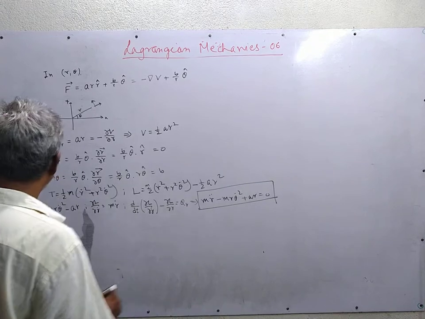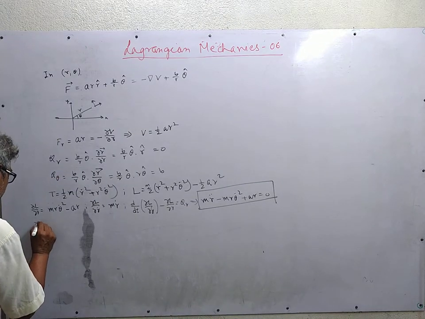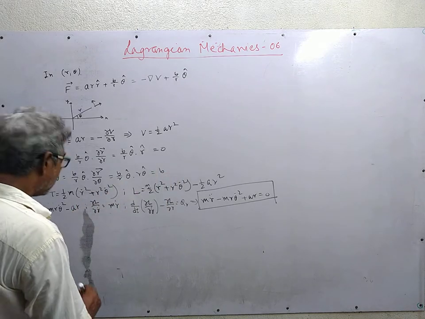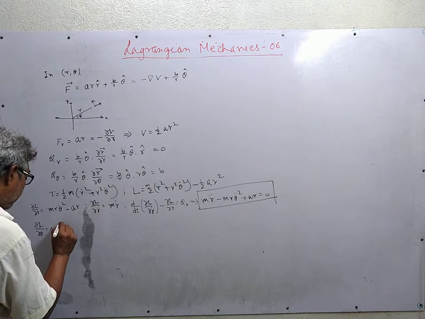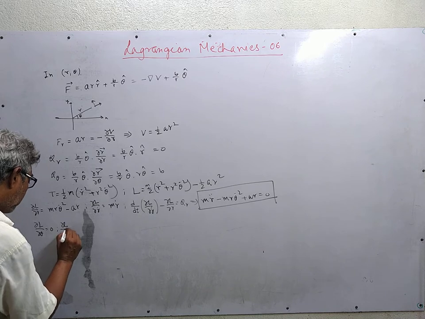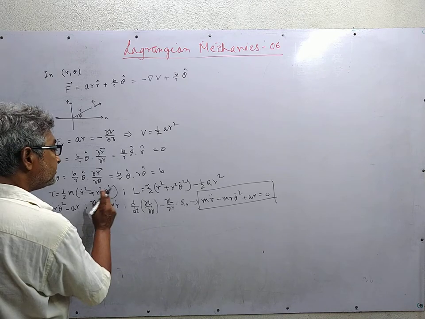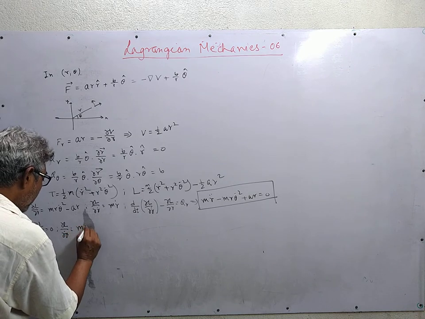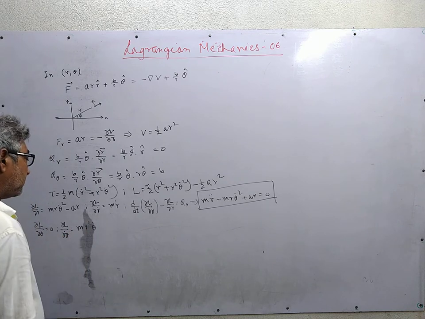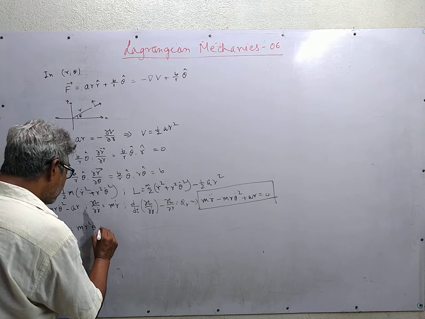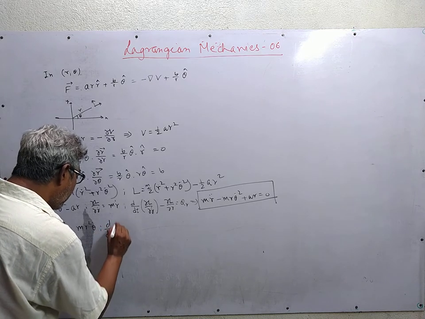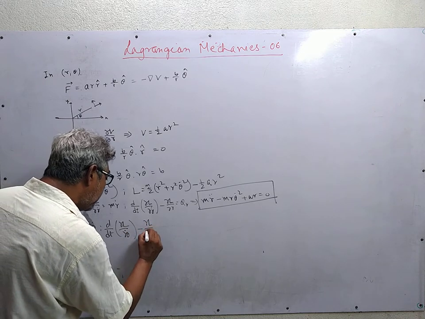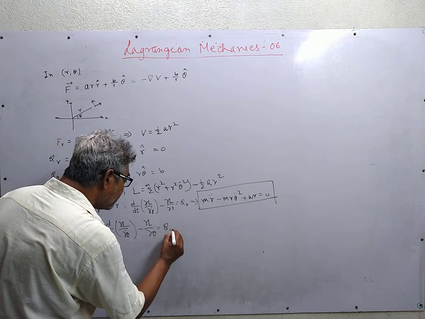And for the cross radial part, we have del L del theta is equal to 0. There is no theta dependence. And del L del theta dot is equal to m r square theta dot. And the equation of motion is d/dt of del L del theta dot minus del L del theta is equal to Q theta.